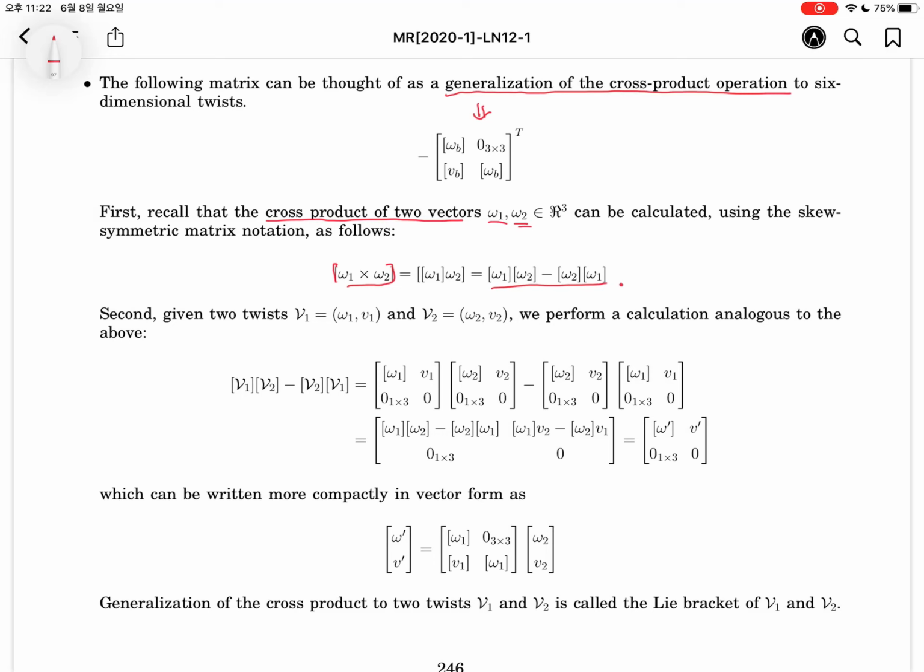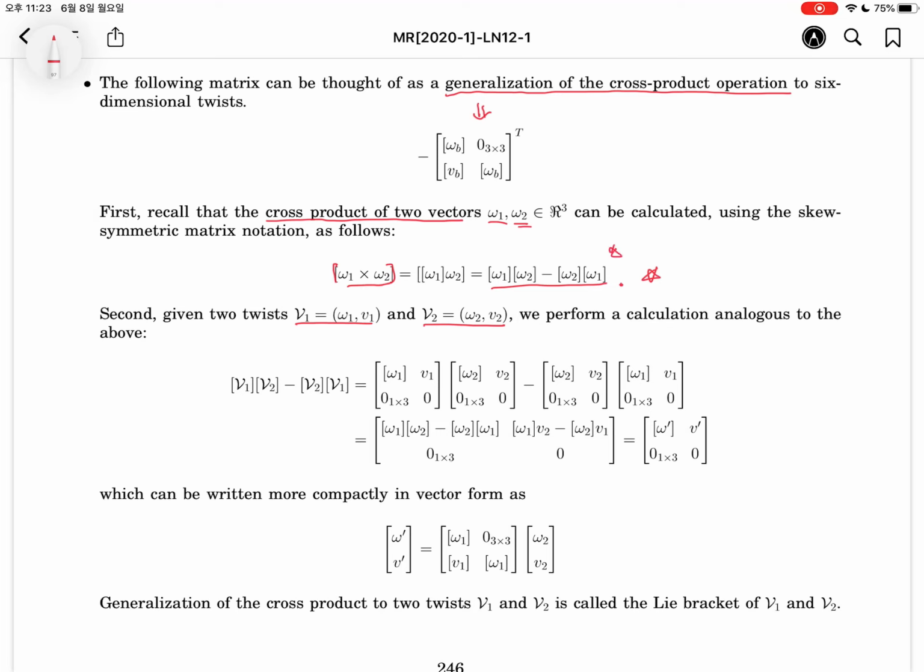In the case of the matrix form of operation of a cross product, it can be decomposed as W1, W2 minus W2, W1. We will use this notation later. One more. For given two twists, V1 and V2 as six-dimensional vectors, here we will perform the calculation analogous to this one.